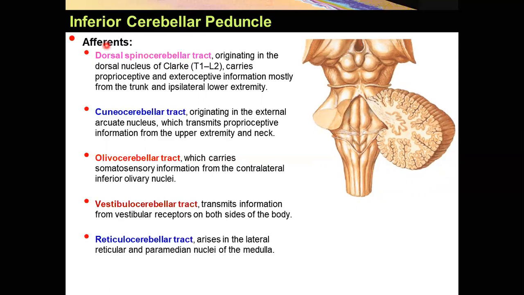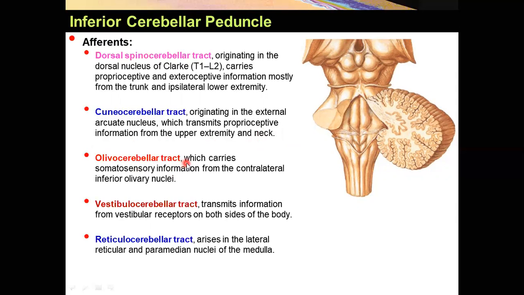The dorsal spinocerebellar tract originates in the dorsal nucleus of Clark between T1 and L2 and carries proprioceptive and exteroceptive information, mostly from the body and ipsilateral lower extremity. The cuneocerebellar tract originates in the external arcuate nucleus, which transmits proprioceptive information from the upper extremity and the neck.